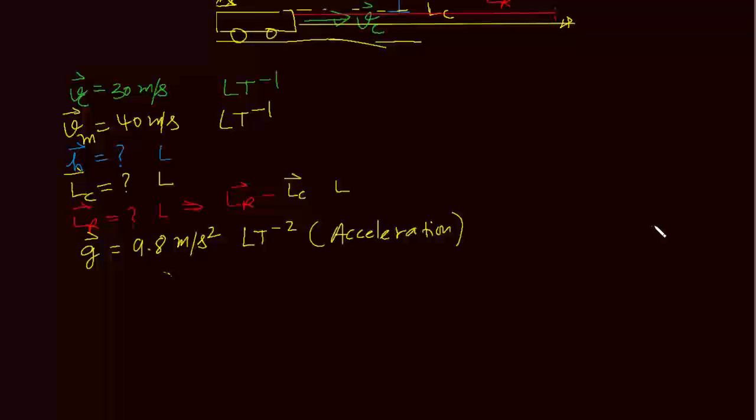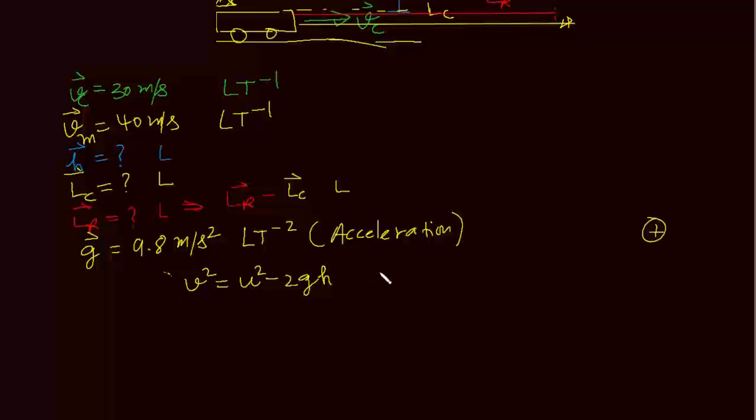The formula that will help us is V squared is equal to U squared minus 2gH.